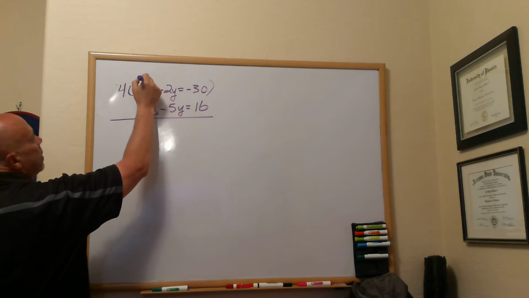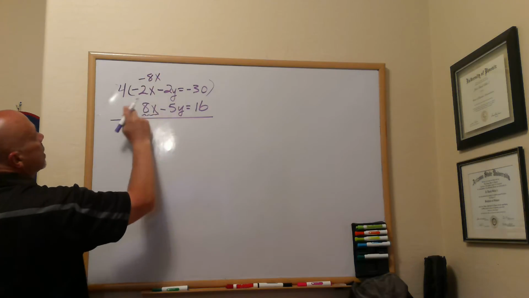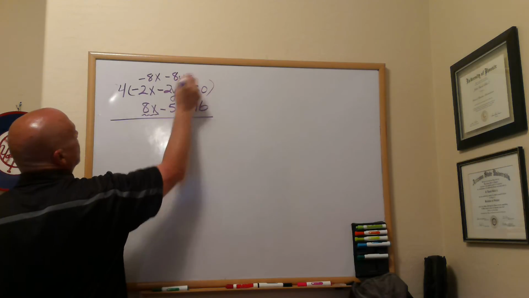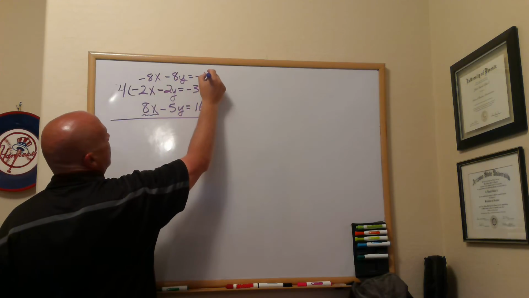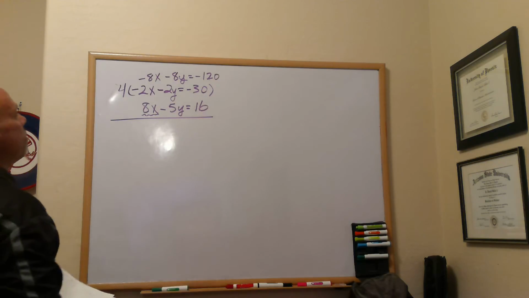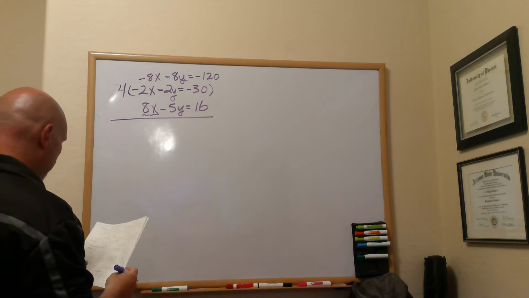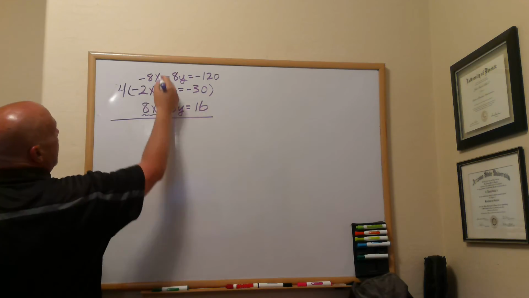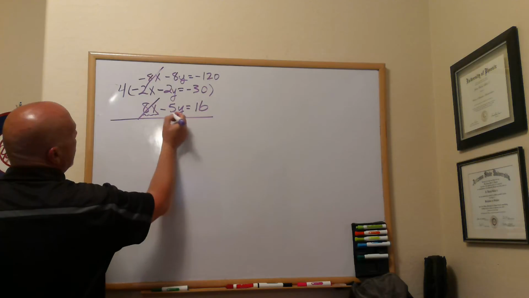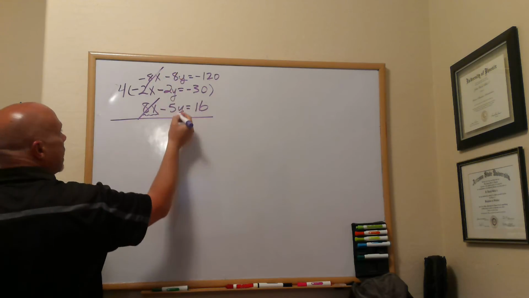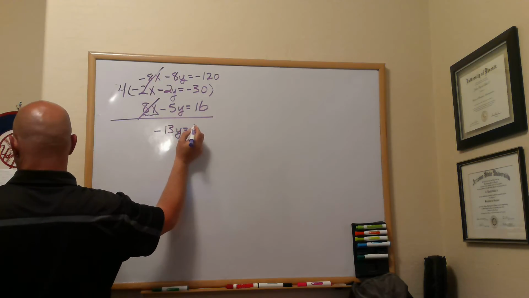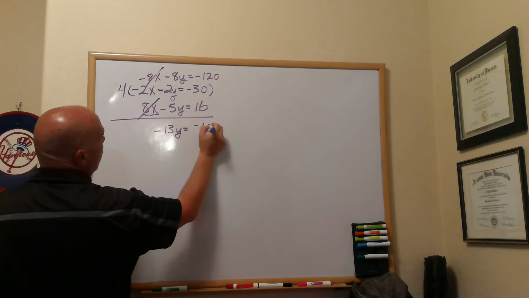Now 4 times a negative 2 is going to give me a negative 8x. 4 times a negative 2, again, negative 8, this time it's y, equals, and then 4 times a negative 30, this is a negative 120. Okay, so now I'm going to add my two equations together, and the x values just canceled out, so I have a negative 8y and a negative 5y is going to give me a negative 13y is equal to negative 104.